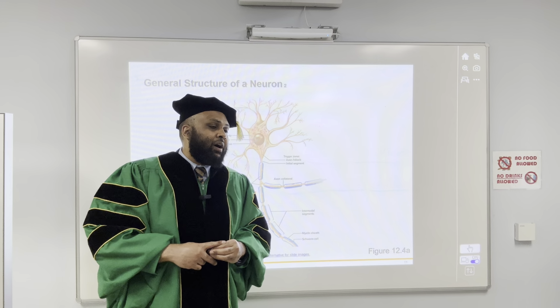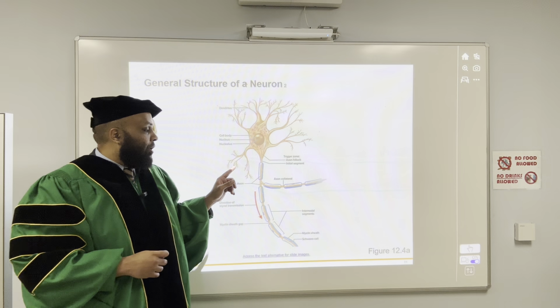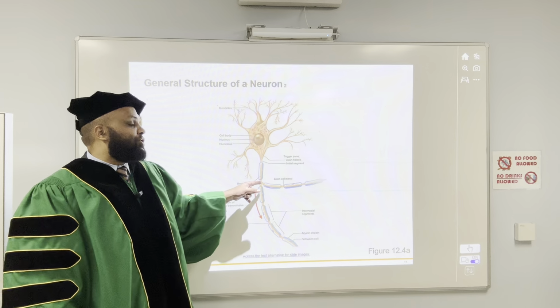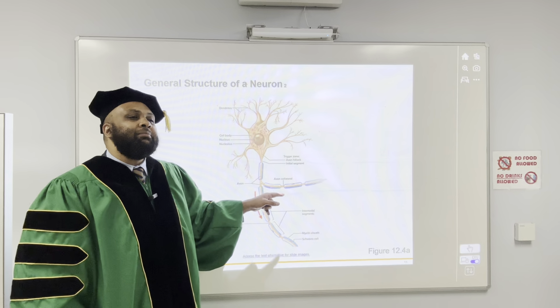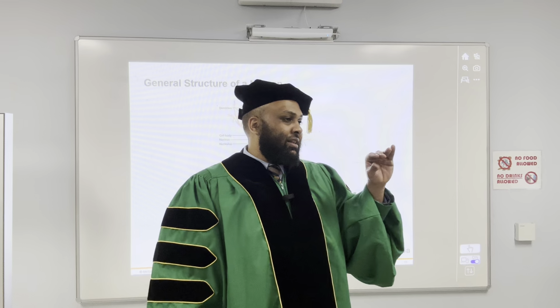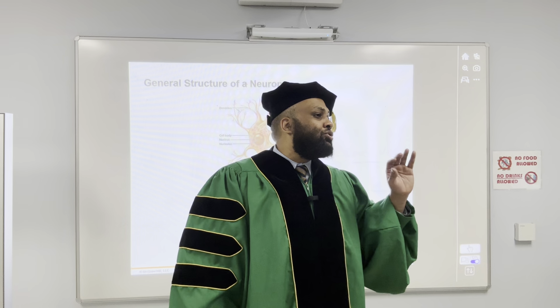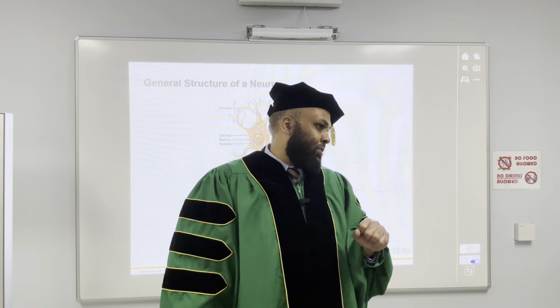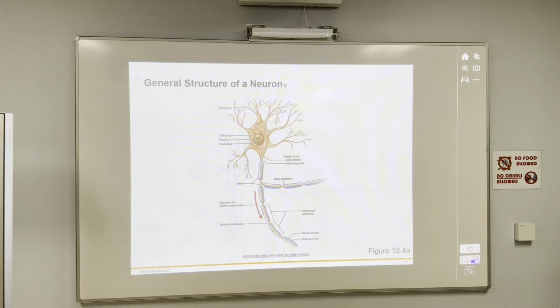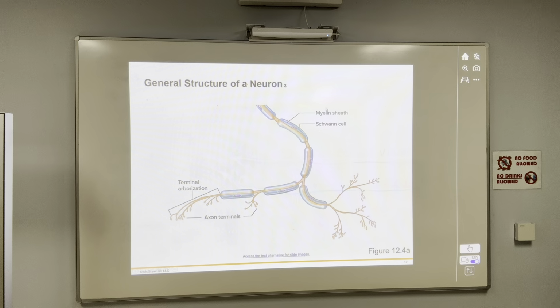That's myasthenia gravis. Multiple sclerosis is when the antibody is destroying the myelin sheath. So you see that in these patients, the nerve conduction is so slow. Very good. There you go. That's the myelin sheath.